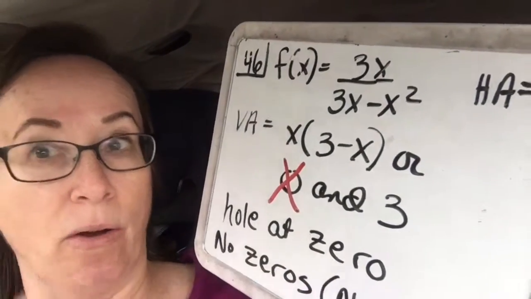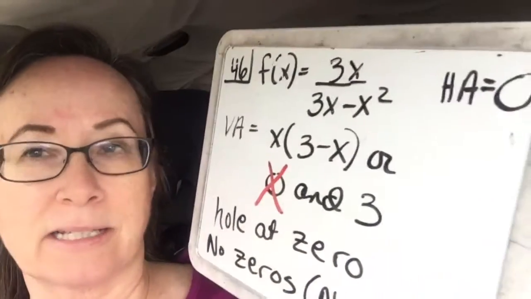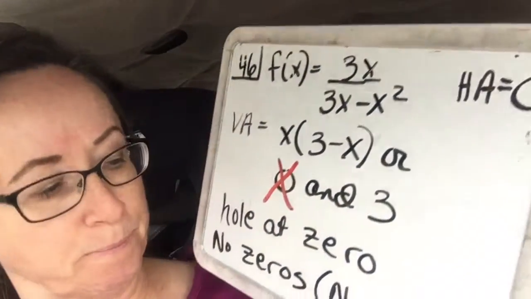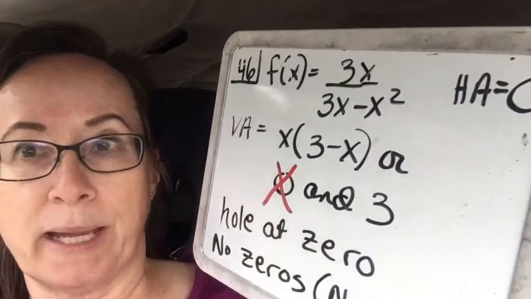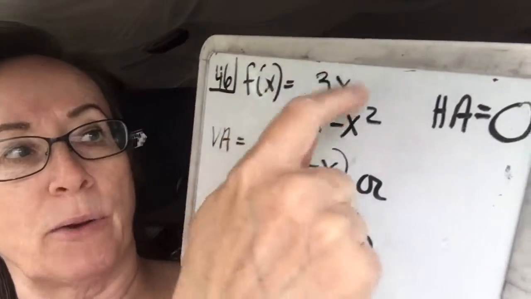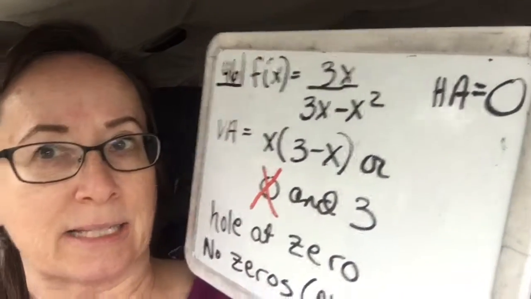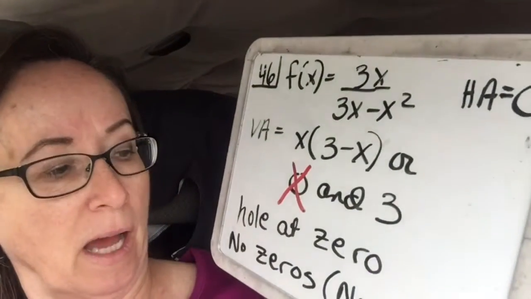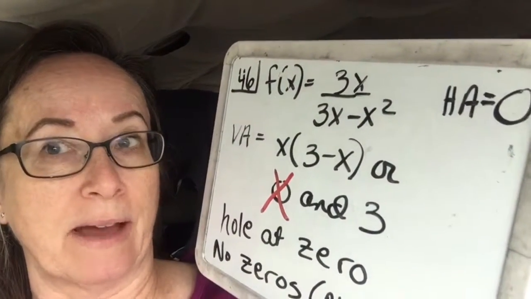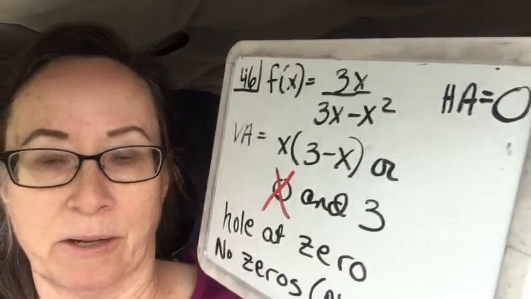And because there's a hole at 0, that cancels out our only 0, which was right here at 0. And so therefore we have no zeros. And if we let 0 go into every x, we have 0 as our y-intercept also, but we already have a hole at 0.